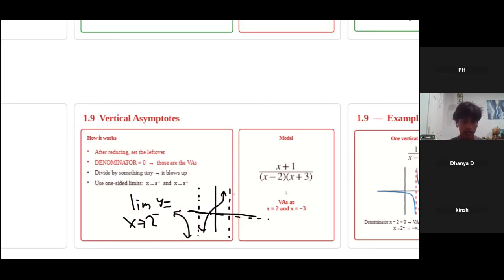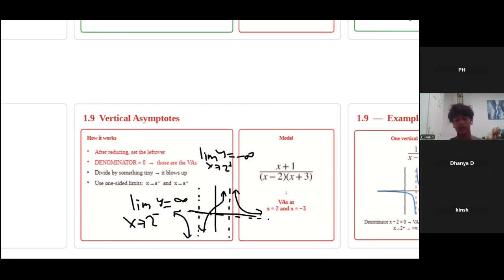As x is approaching 2 from the left side, y is going to infinity, and when x is approaching 2 from the right side, y is still infinity.